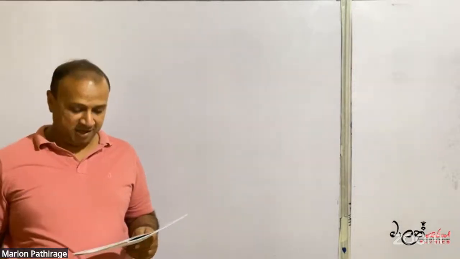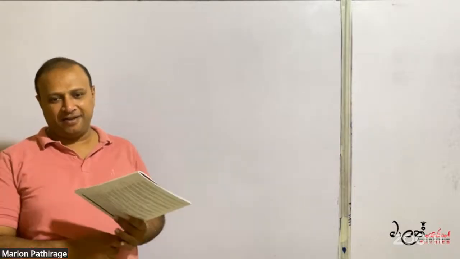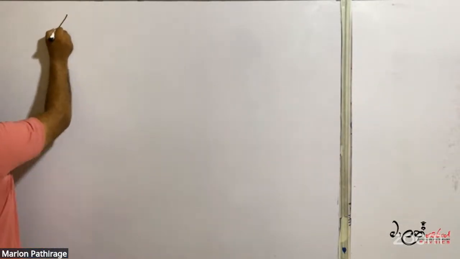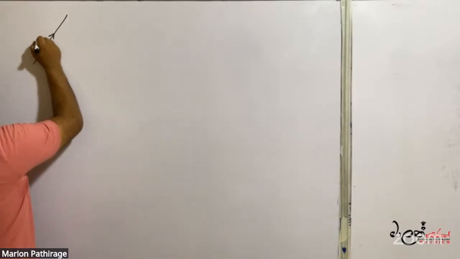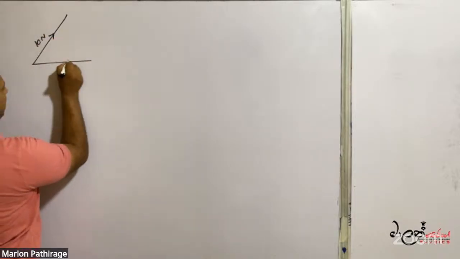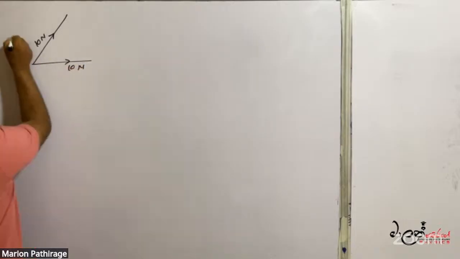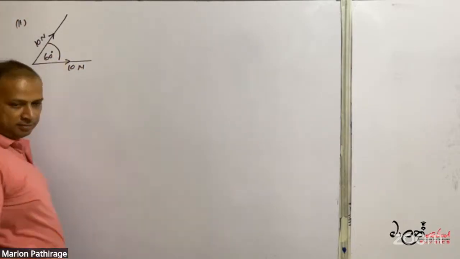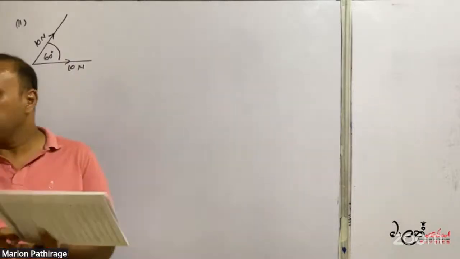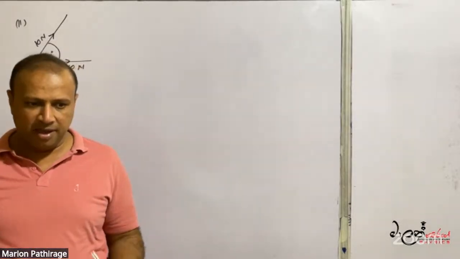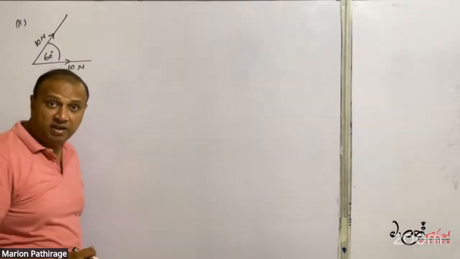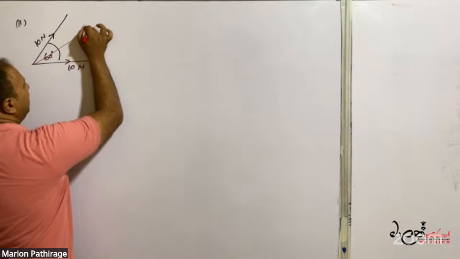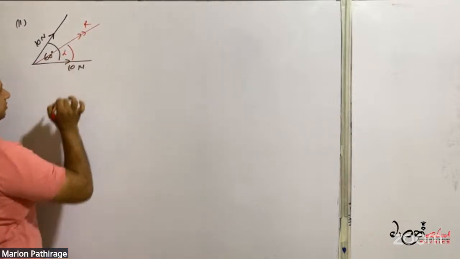Theta is 60. You need to determine R and alpha. R means the resultant vector, and alpha is the angle.